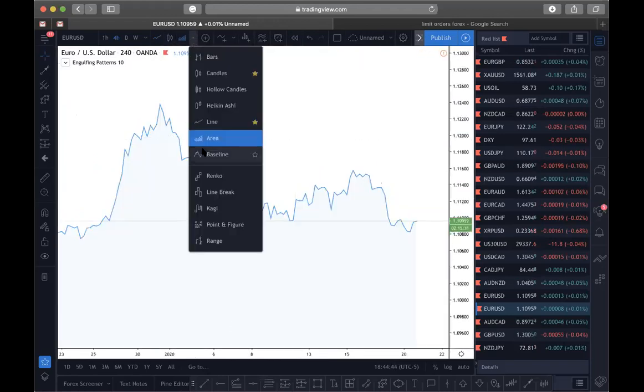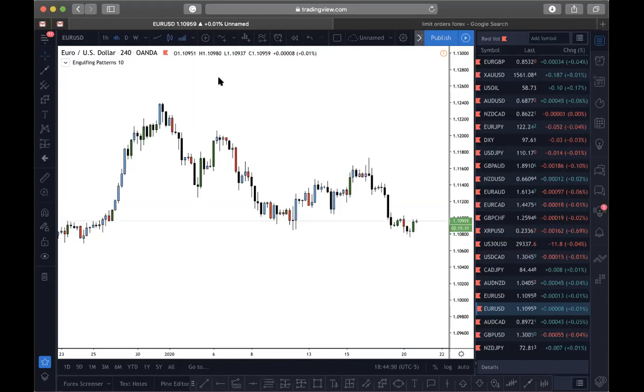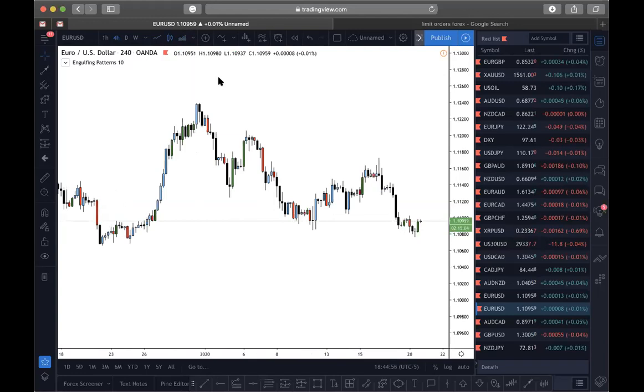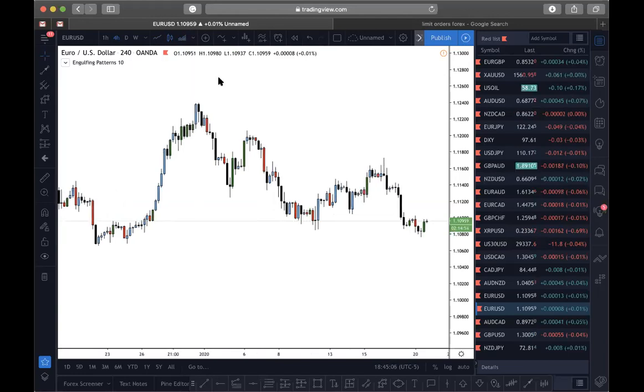As you can see, there are a lot of different charts, but the main chart we use is the candlestick chart, because it gives us enough information to make our decision. Personally, it's the only chart we use 90% of the time, and it's the best chart.